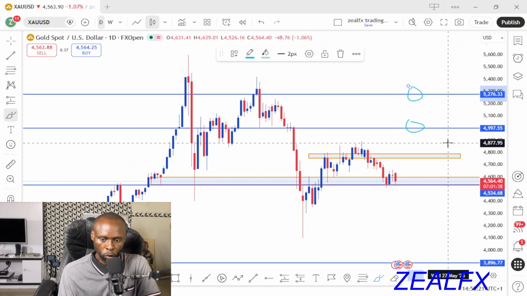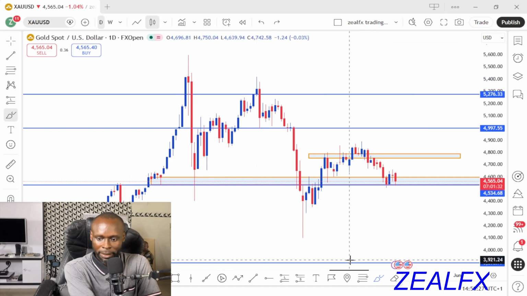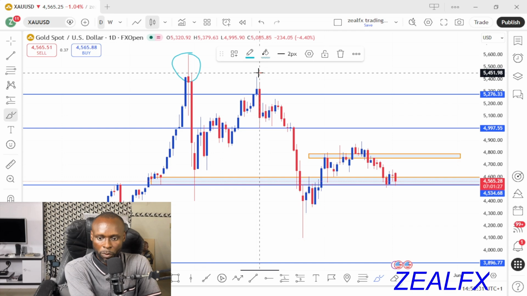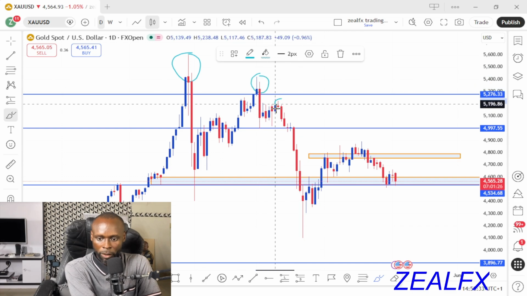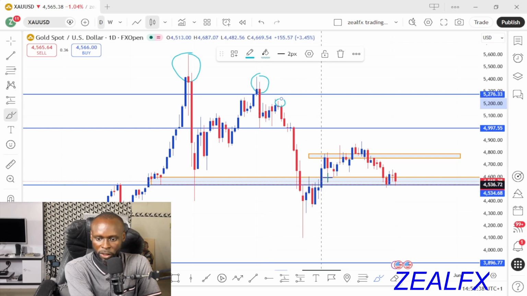So let's look at the structure of gold on my daily time frame. First, we have this higher high, then we have a lower high, then another lower high. So long as we have this series of lower highs on the major structure, this indicates that gold has a major structure for a downtrend.